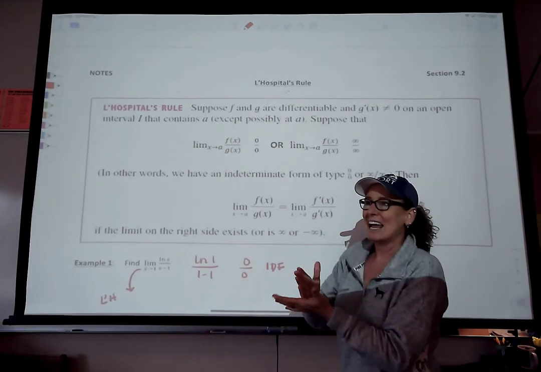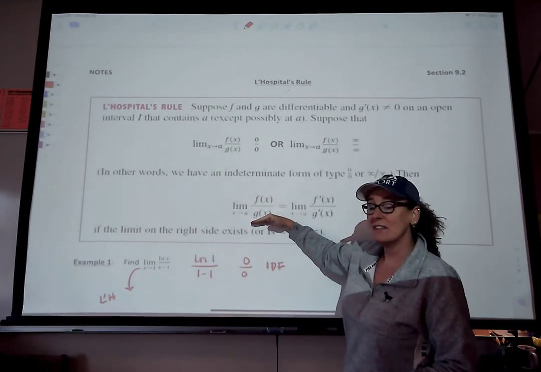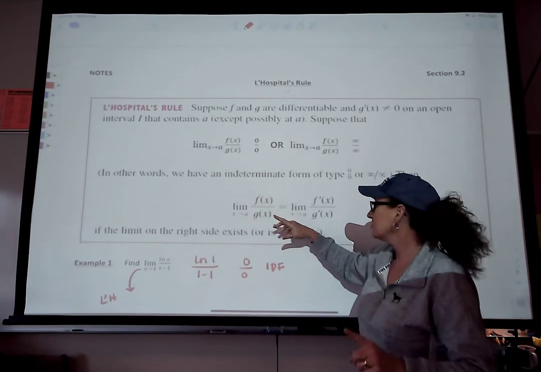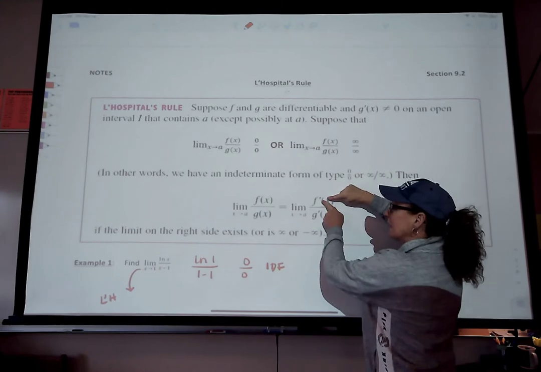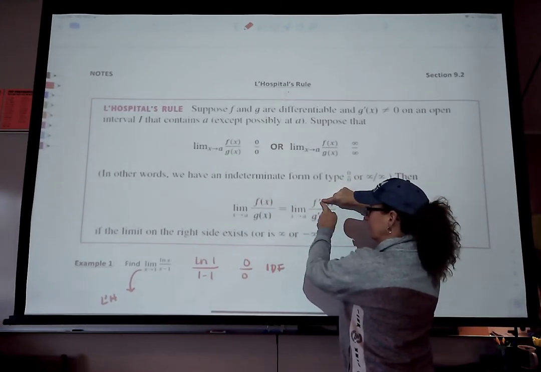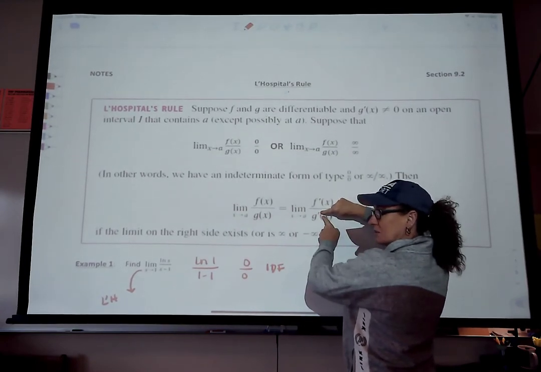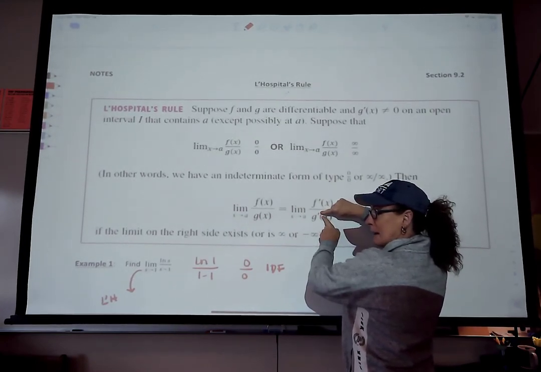If you can't get the answer to the limit by comparing these y values, what you can do is you can find the slope of this function, and you can find the slope of this function, right?